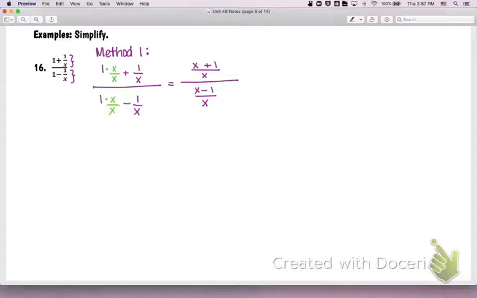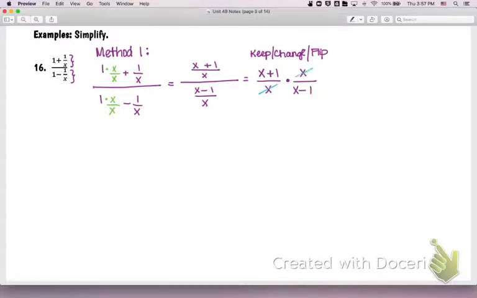Now remember that fraction bar just means division, so now we're going to keep, change, flip. Keep the top fraction the same, x plus 1 over x. Change it from division to multiplication. Multiply by x over x minus 1.